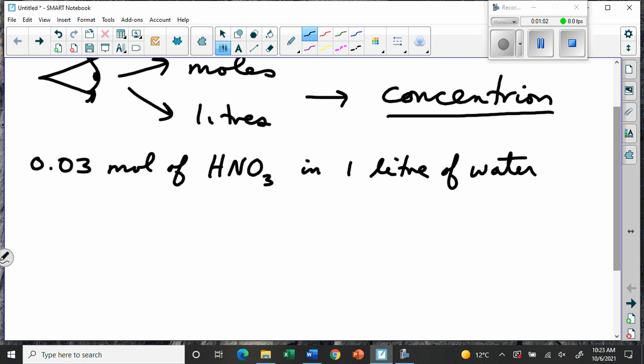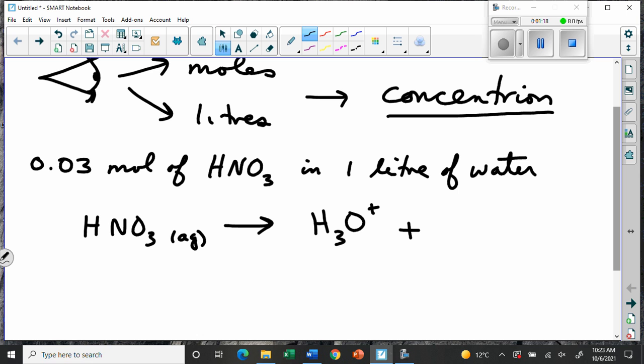What we have to do is write the equation of HNO3 aqueous, and show that what it dissociates into are hydronium ions and nitrate ions. Aqueous, aqueous.